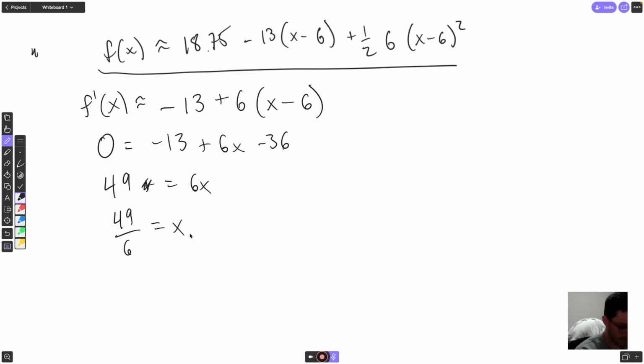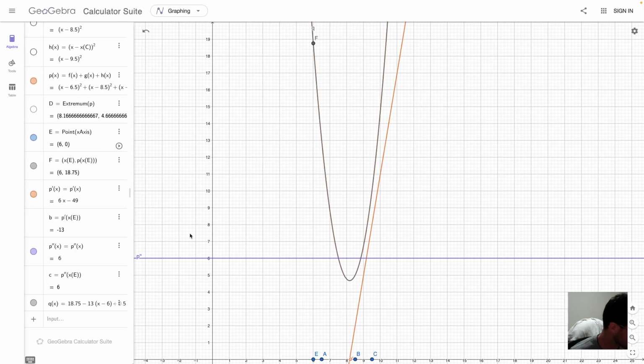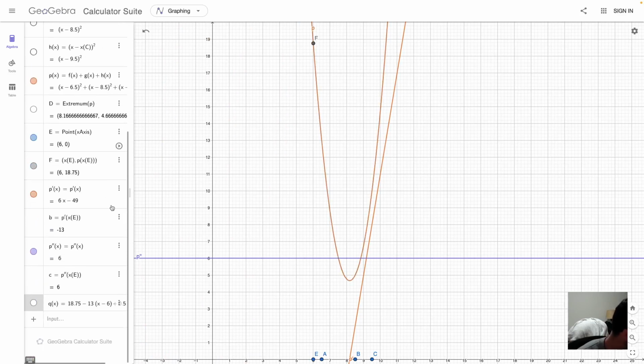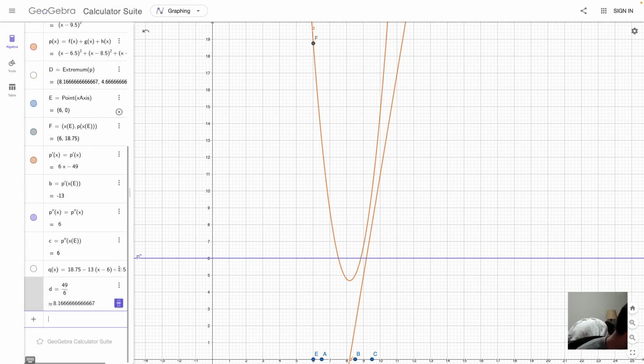So now let's look back over here. What's the x value of this minimum? What did we say it was? 8.16. What is 49 divided by 6? Boom, 8.16.